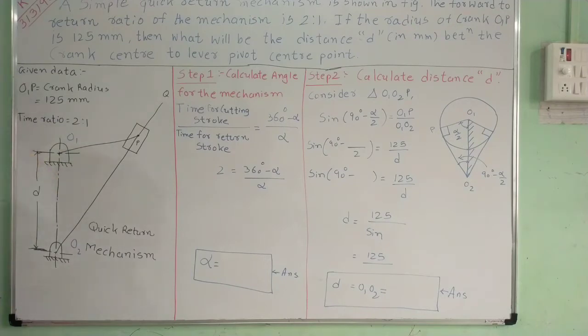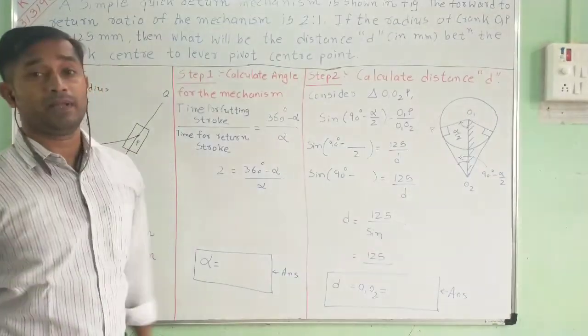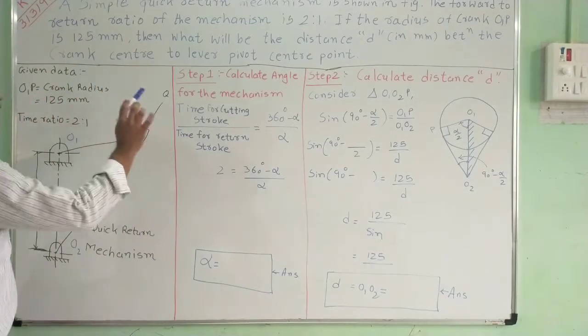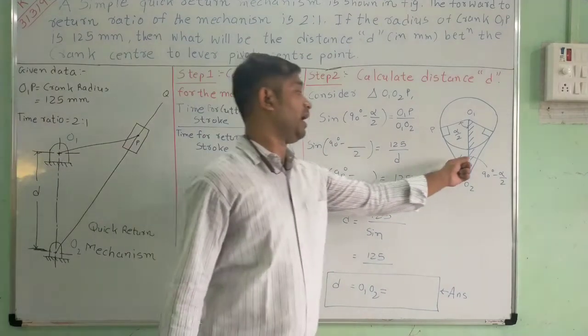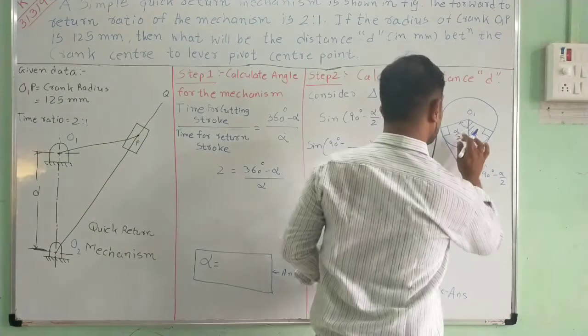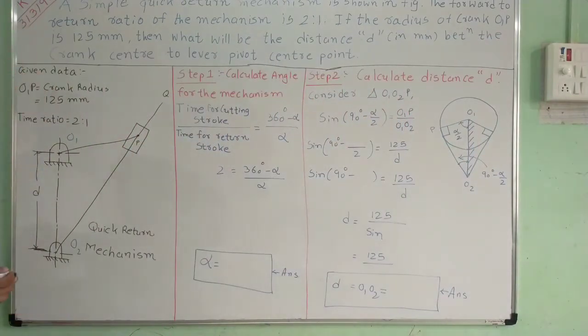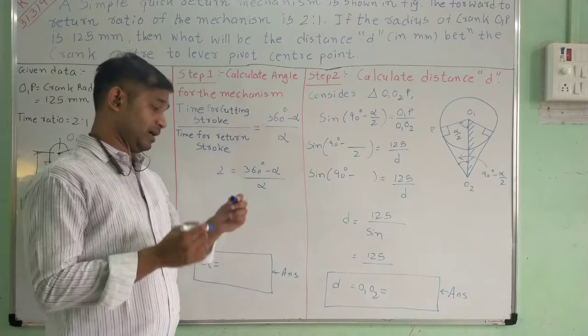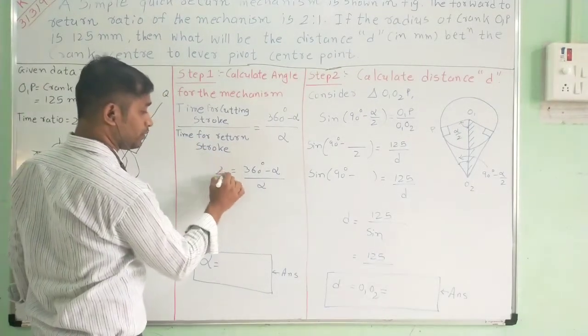Now what is step 1? Calculate the angle for the mechanism. Because the time ratio is given, we find out alpha, the total angle. So (360 minus alpha) upon alpha, and the time ratio is given as 2:1. It means here, 2.